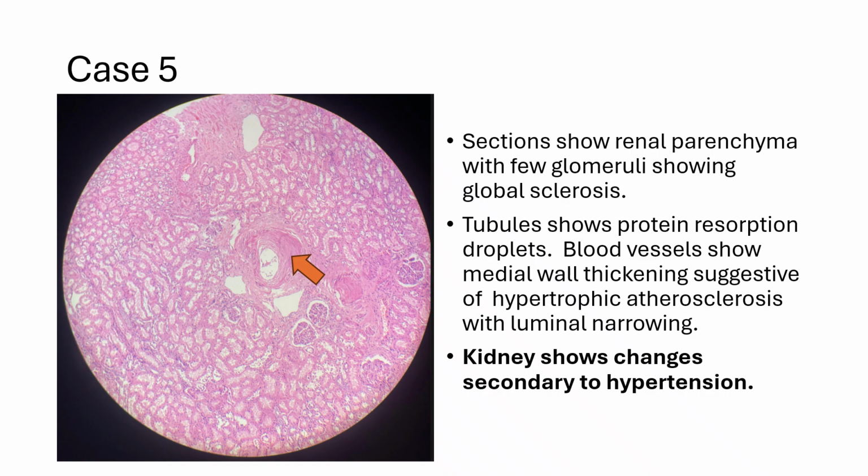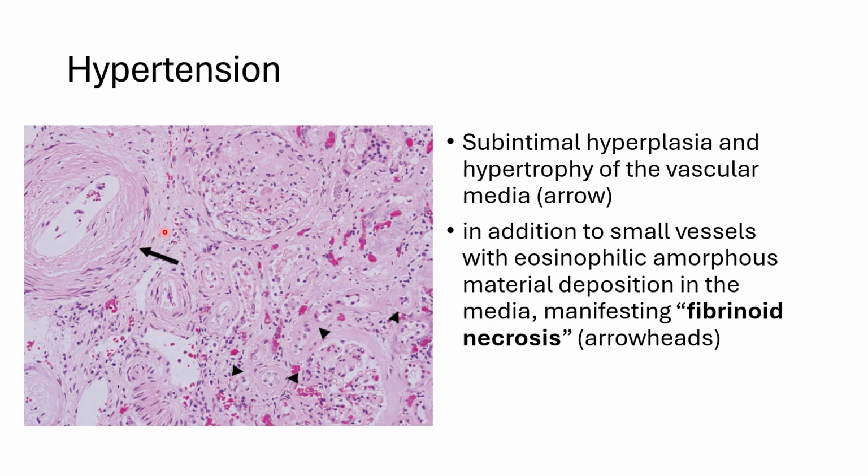So this is the medial thickening. This is a general feature of hypertension. There is subintimal hyperplasia and hypertrophy of the vascular media, in addition to small vessels with eosinophilic amorphous material deposition in the media, manifesting as fibrinoid necrosis. See, what is fibrinoid necrosis?